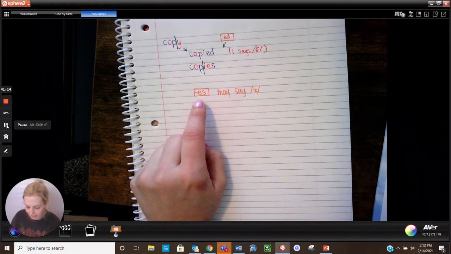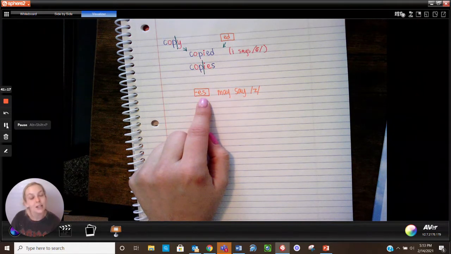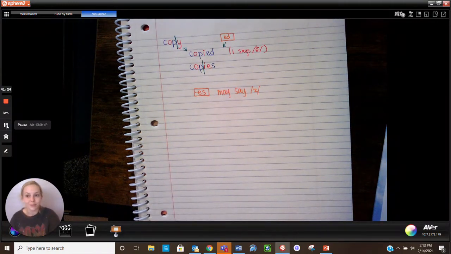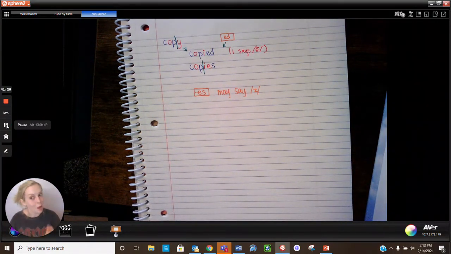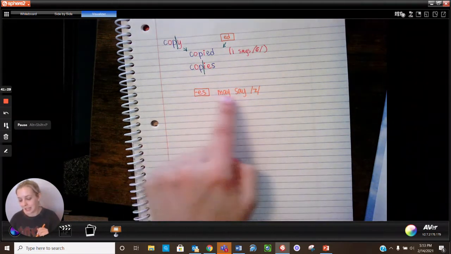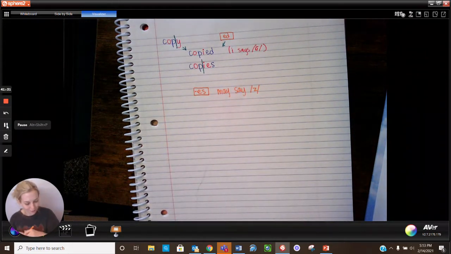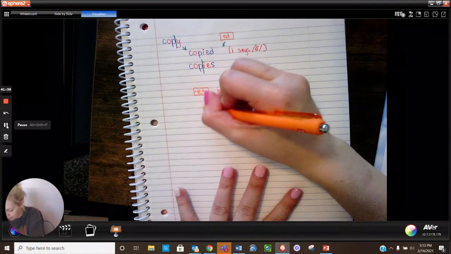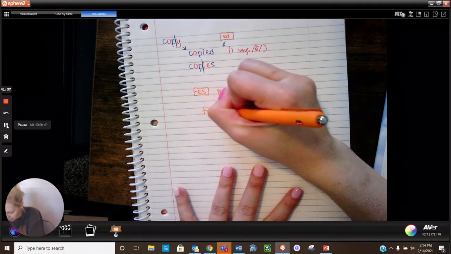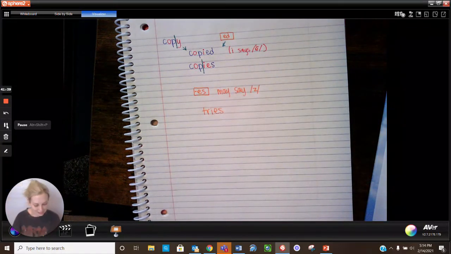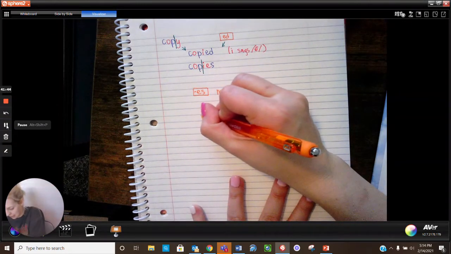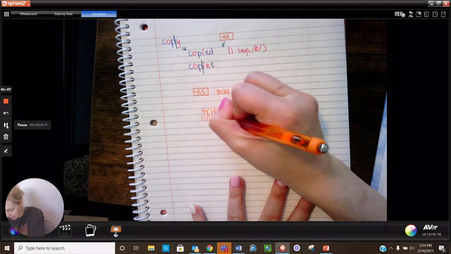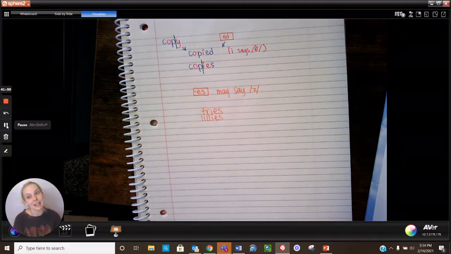So when es says Z, is it a vowel or a consonant? It's a consonant. Very good. I'm going to write some more examples where es says Z. Ready? The word tries. Another one. Ready? Lilies, like the flower.